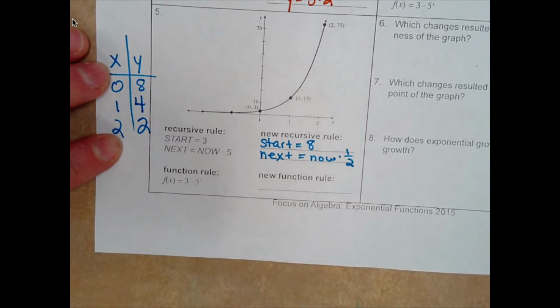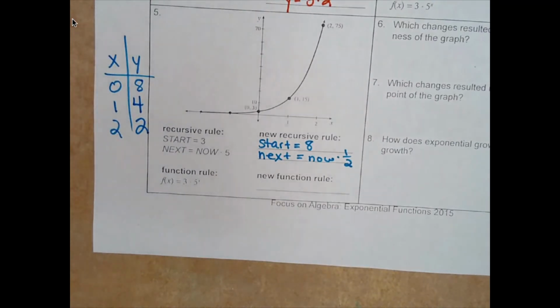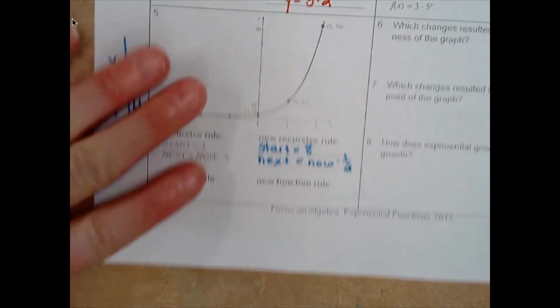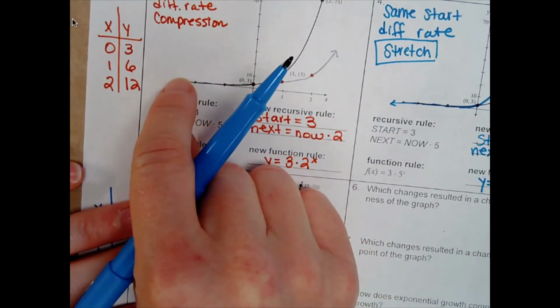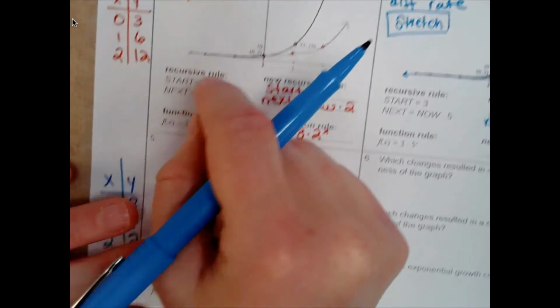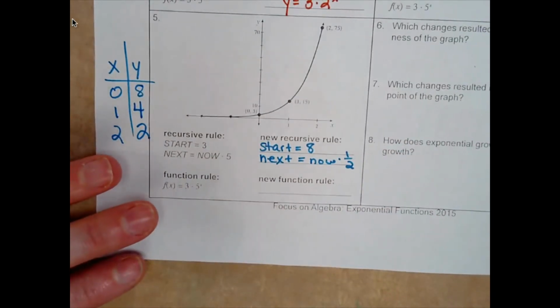If I keep on taking half of something, do I ever get to 0? No. Do I ever get to a negative number just by halving something? No. So it gets closer and closer without ever passing it, just like the other one. It kept on getting closer and closer, but without touching it or going past it. So it'll never equal 0.